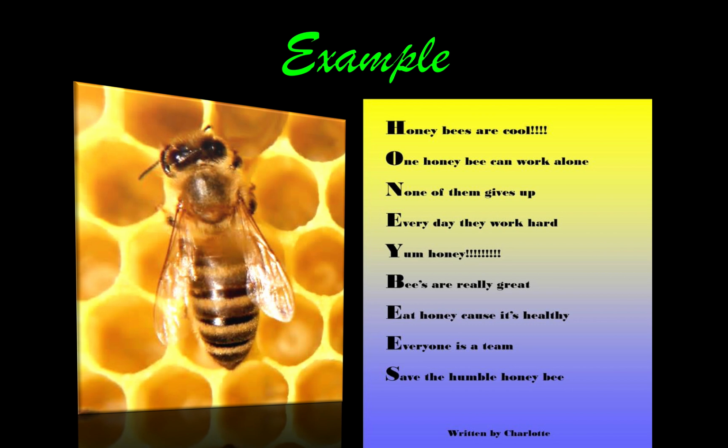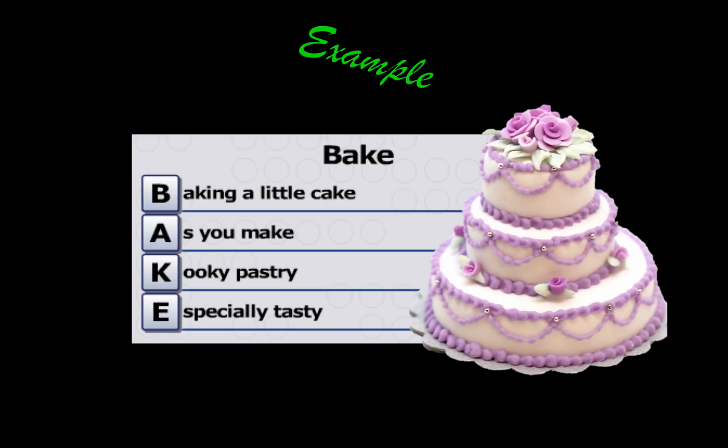Both are acceptable, but as you're writing, you want to decide first kind of what direction you're going to take it, whether it's just going to be like some random descriptions of your subject or if you want it to all connect. And here's one that actually connects sentence by sentence.